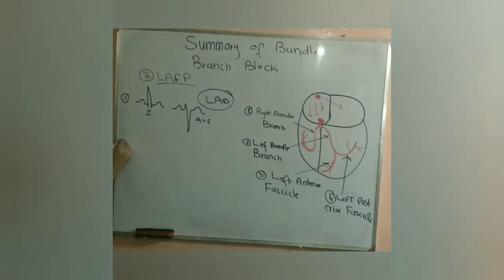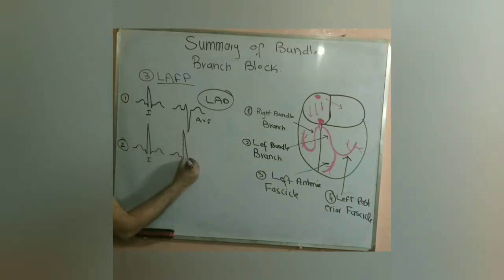Secondly, there will be in lead 1 and AVL, which are the lateral leads, a small Q and a tall R wave. So small Q and tall R in 1 and AVL.